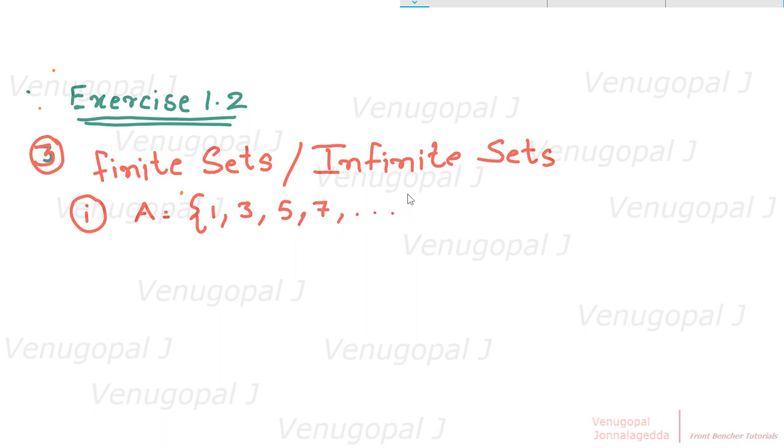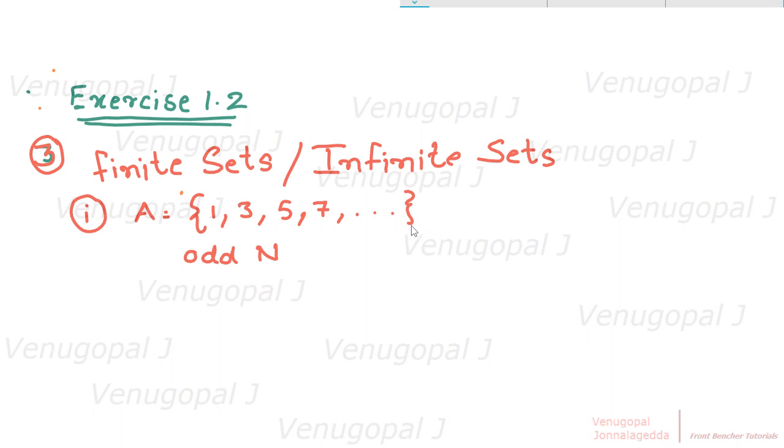If you remember what dot dot dot represents, this is basically a set of odd numbers, but it does not have a specific ending.